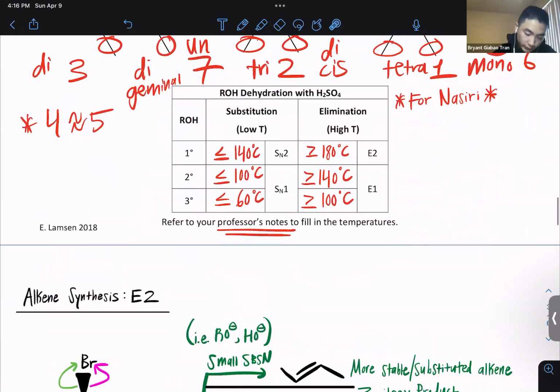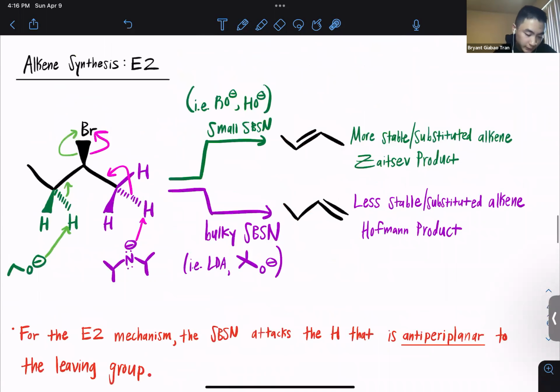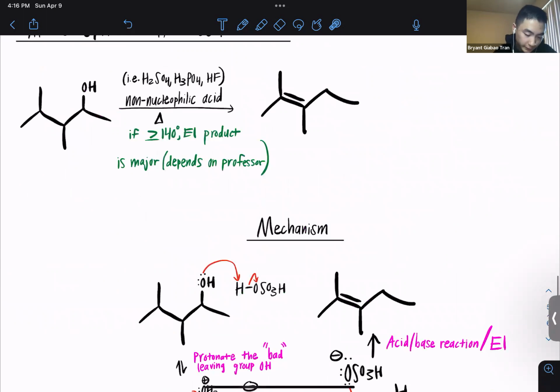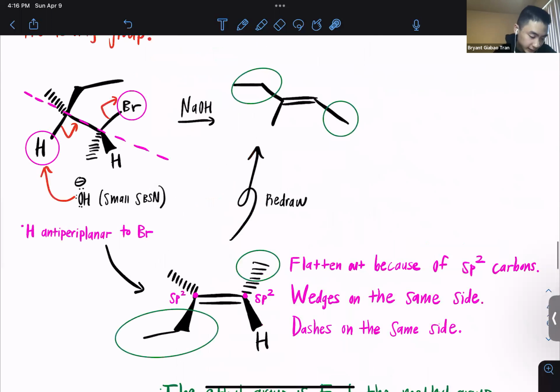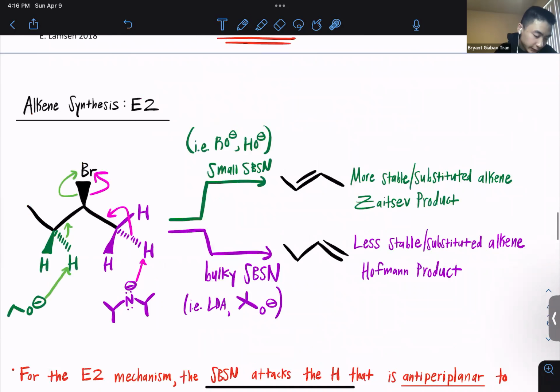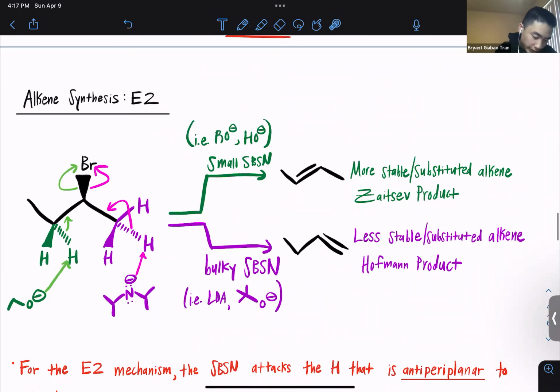Okay, so let's go over the next concepts of the worksheet, which is alkene synthesis. So to synthesize or form alkenes, we could do an E2 reaction where we could either use a small strong base, strong nucleophile like an alcohol or an alkoxide.